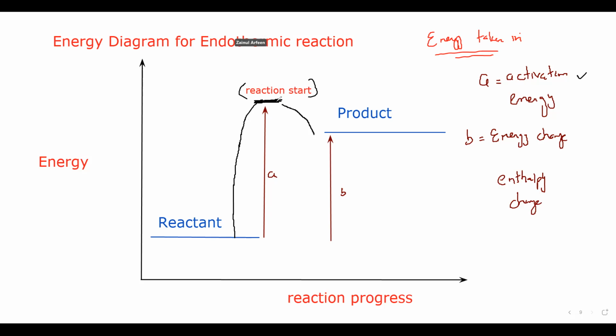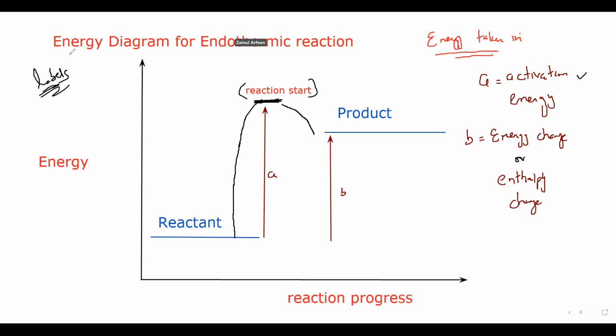And once the reaction started, the product will be formed, and the arrow from reactant to the product is known as the energy change during a chemical reaction, or also known as enthalpy change. So from an exam point of view, you have to learn all the labels of this energy diagram for an endothermic reaction.